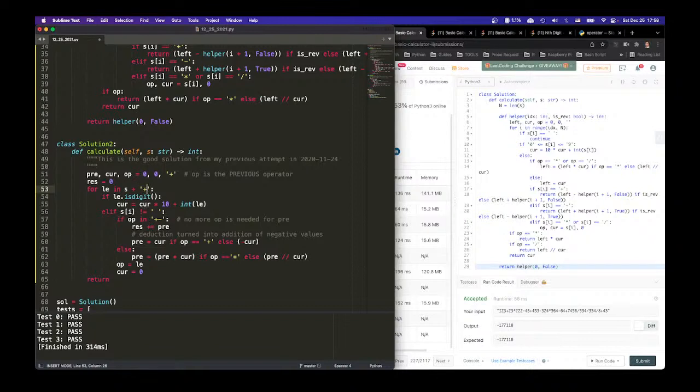Wait, hold on. We got a plus sign, so the last letter is a plus sign, and then we're going back up. What do we return?